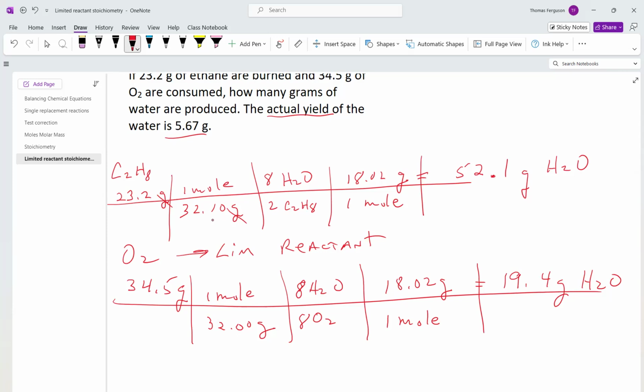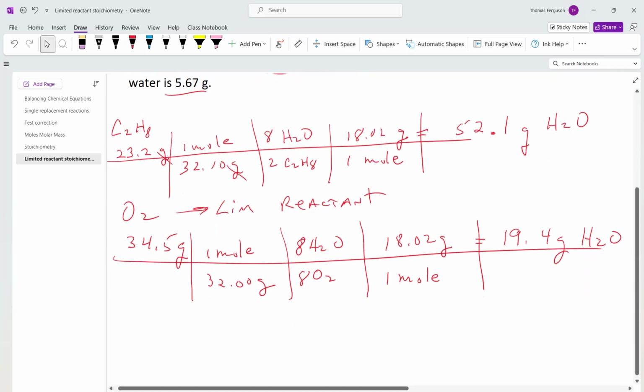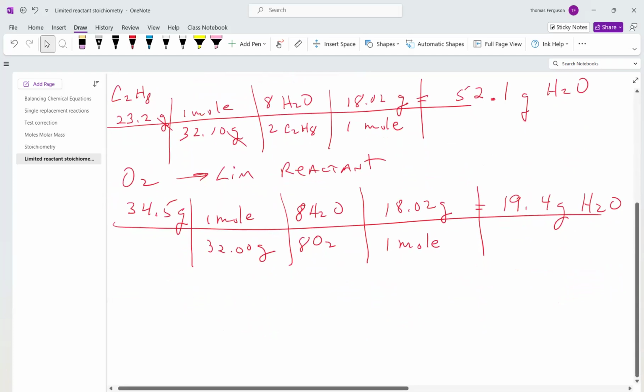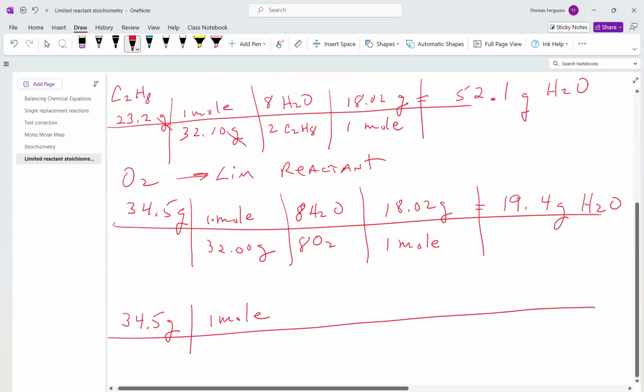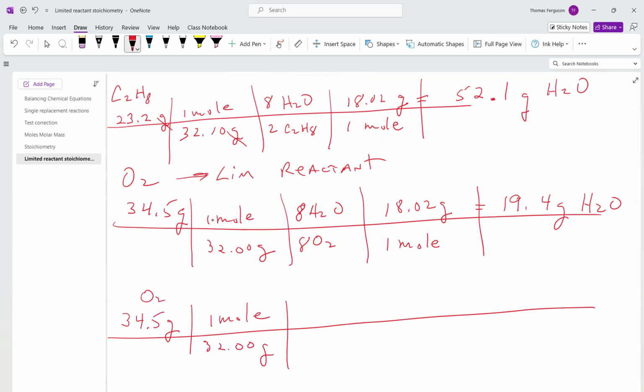And the question is, how much in excess? That's another calculation. So we're going to take our oxygen, our 34, and based on that, we want to see how much of the ethane is being used.